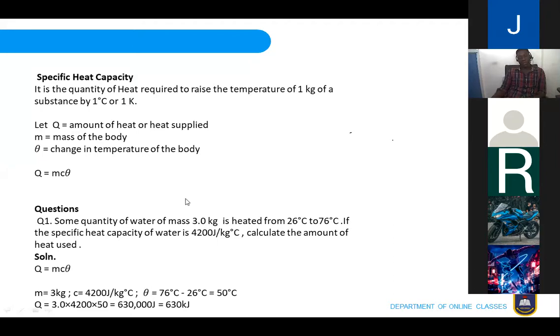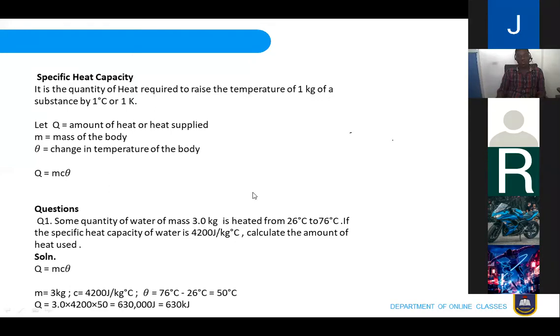So that's the difference between the heat capacity and the specific heat capacity. In the specific heat capacity formula, there is mass included. So you can see that we have Q equal to mc theta. The m over there represents the mass.